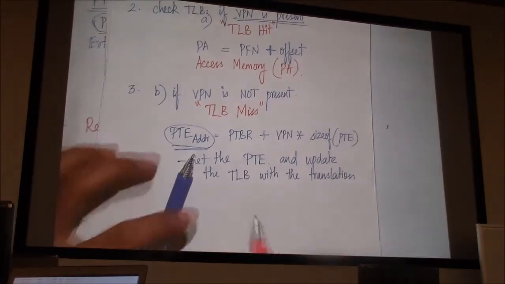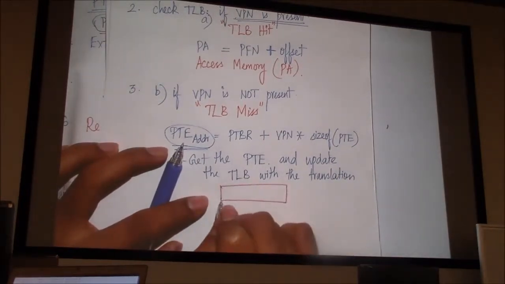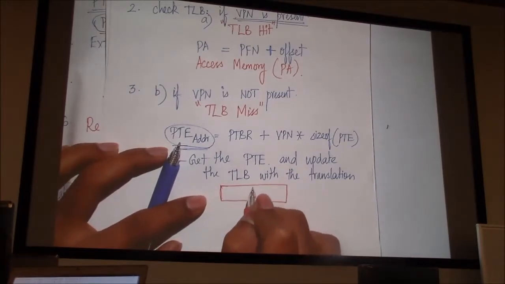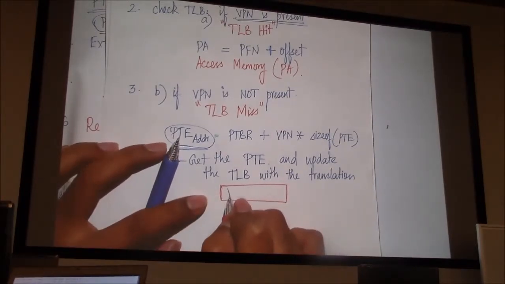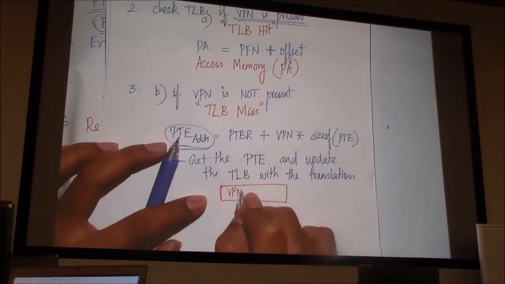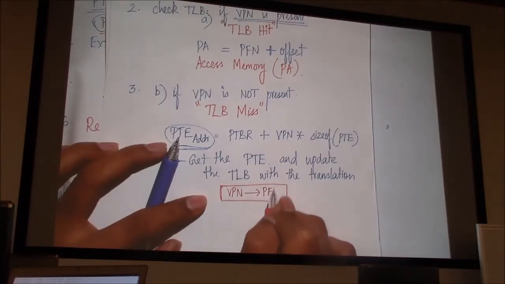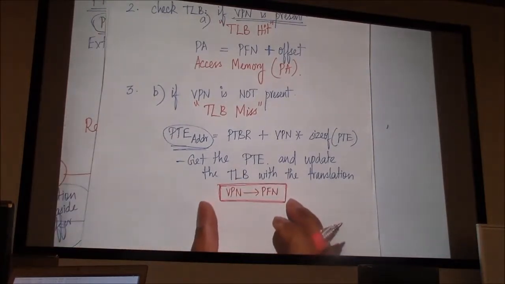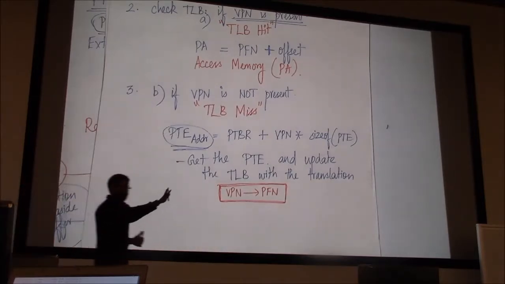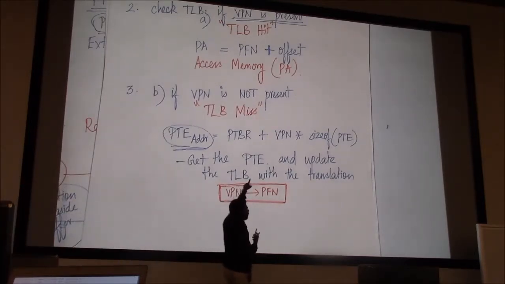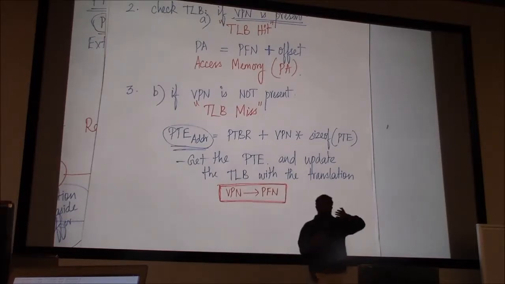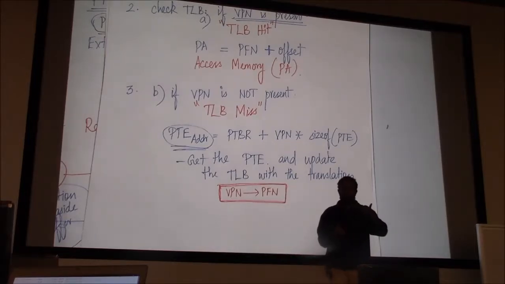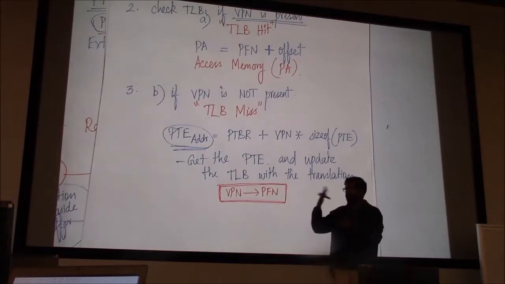Again, this page table entry just knows which virtual page is mapped to which physical frame number. That's the important information that we have in this page table entry. But one more thing: we are making some assumptions here. When we went to that page table entry, if it was invalid, then we would not do this.